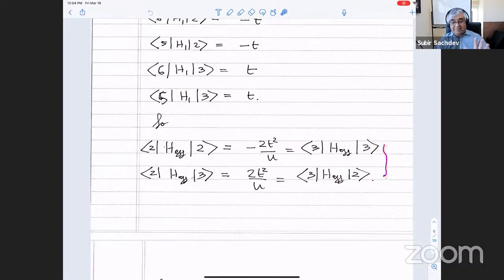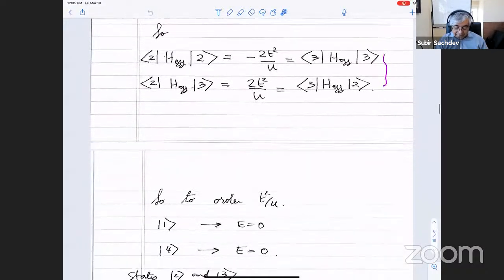In fact, this is what I didn't say correctly last time: there are only 4 non-zero matrix elements of the effective Hamiltonian, which are these. So I have 4 states, and I have a 4x4 matrix for my Hamiltonian. At 0th order, it's all zeros because they have no energy. And at second order, there are 4 non-zero matrix elements. So it's very easy to diagonalize this 4x4 matrix.